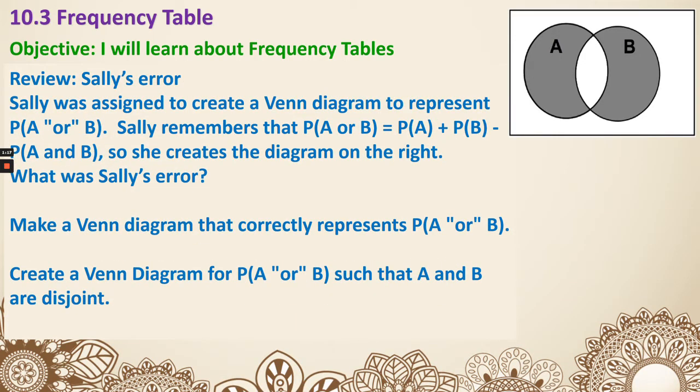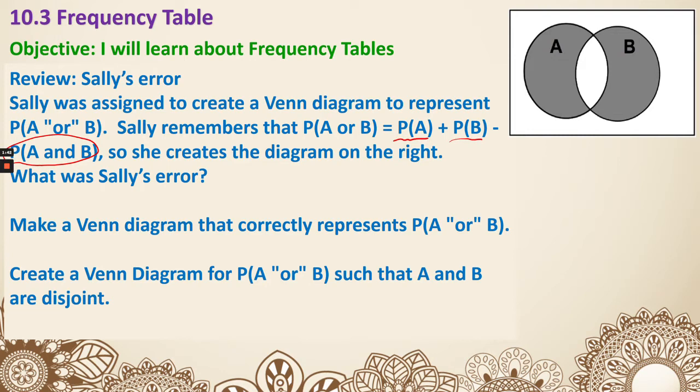Here's a quick review question about the error in a Venn diagram. Let's say we're trying to calculate the probability of A or B. The equation is the probability of A add the probability of B, then subtract the probability of A and B. Sally created this Venn diagram on the right, in which only the A part and the B part are shaded, but the middle part is taken off.